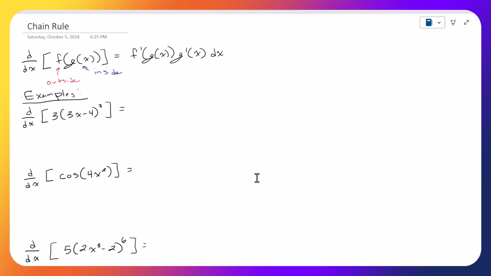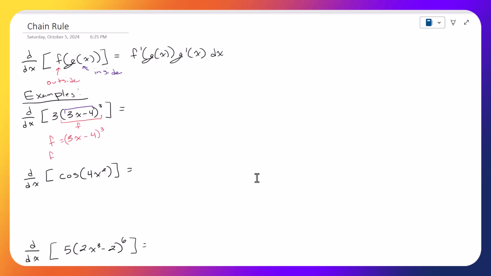Actually, let me call this whole thing f, and this inside, I want to call it what we've been calling it, dx. So f equals 3x minus 4 all cubed.